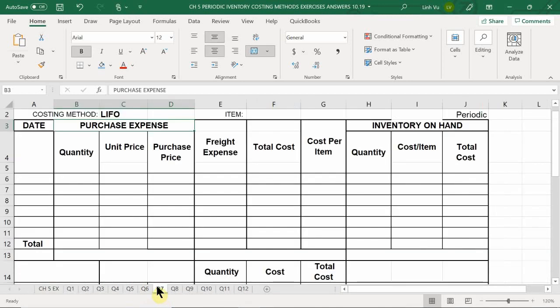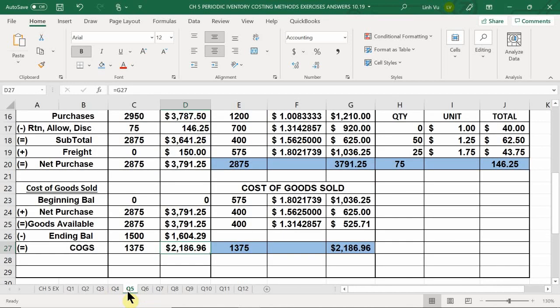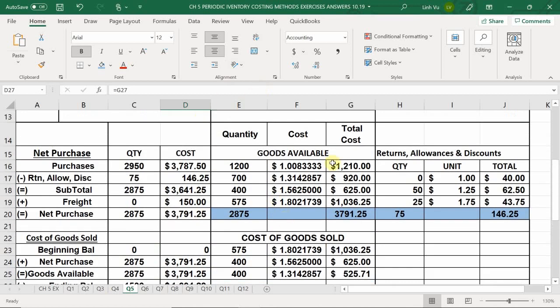So once again, let's take a look at my inventory worksheet. I have 1,500 at $1,604.29. In this case, I have to carry my batches of inventory over exactly how I purchased them. So I still have a batch of 1,200 left over, and I still have 300 remaining in my 700 batch here.